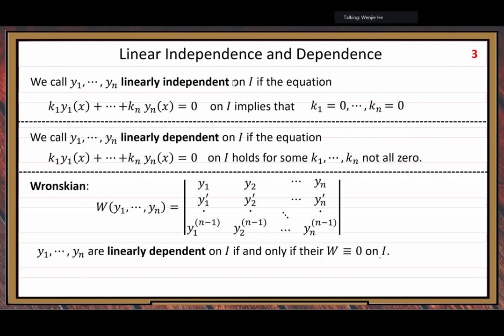First case, these n y functions are linearly dependent on I if and only if W, the determinant, is identical to 0 on the whole interval I. Identical means there is no point inside the I interval such that this W function is non-zero.